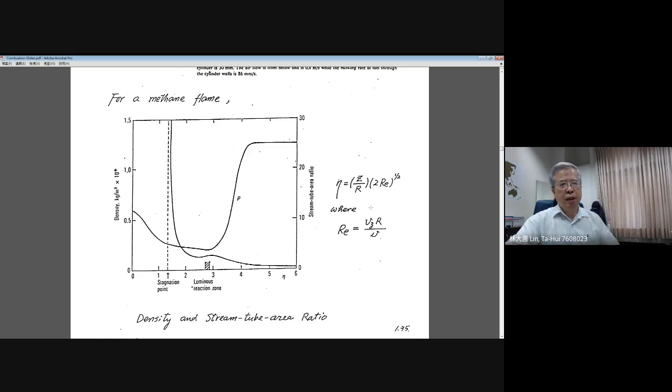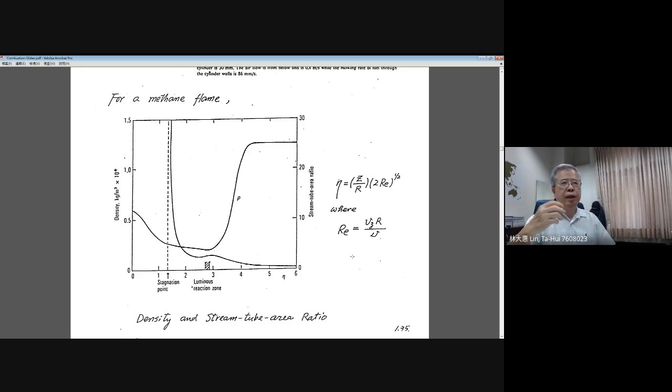The Reynolds number corresponds to the lower flow, the air flow. Okay, and the simple way to look at it is that eta means the position of the actual coordinates. When eta equals 0, you are at the surface of the cylindrical burner, the upper burner.